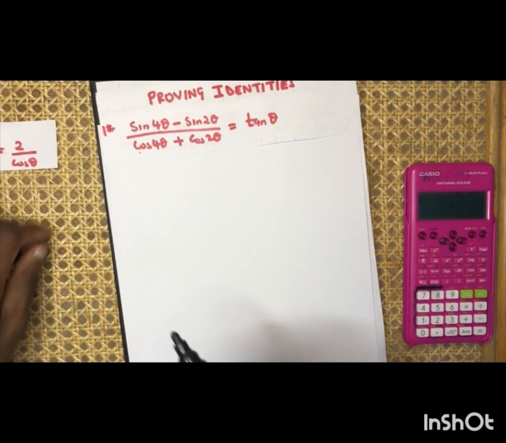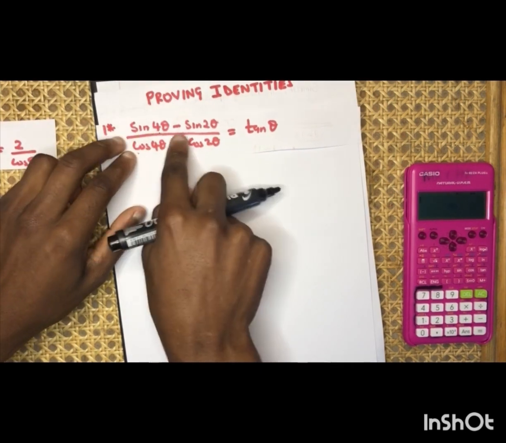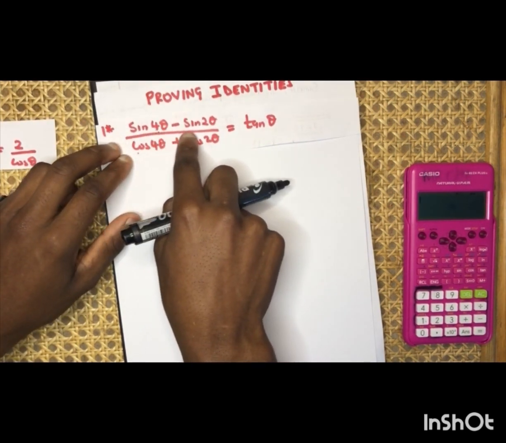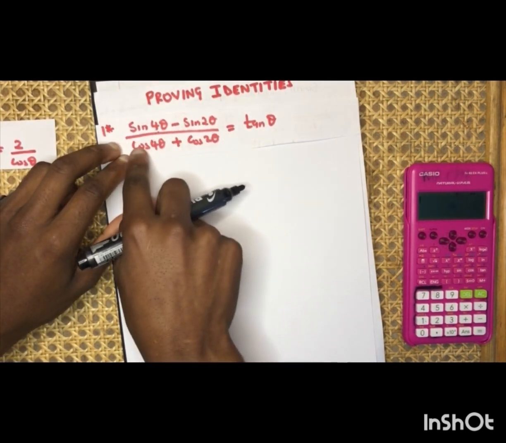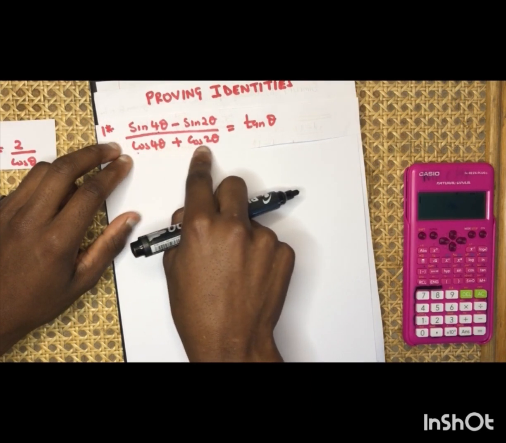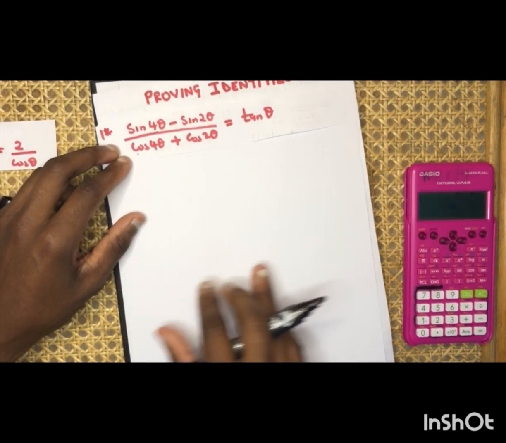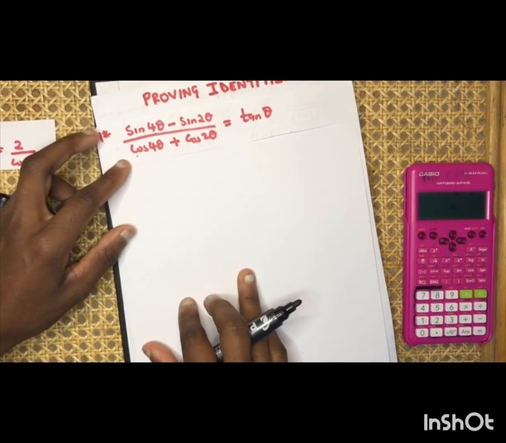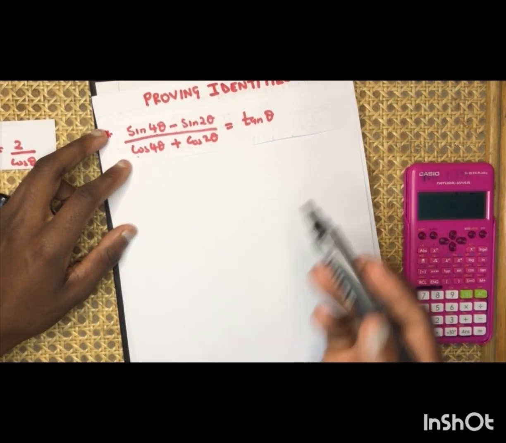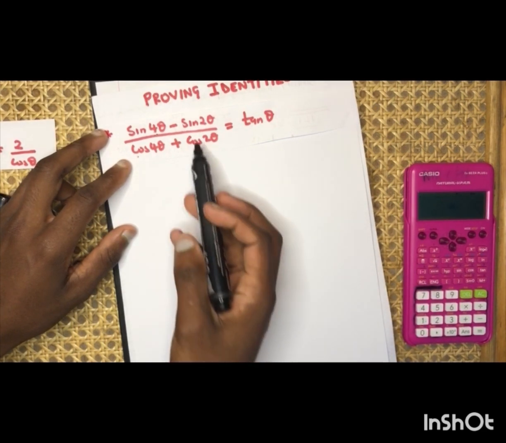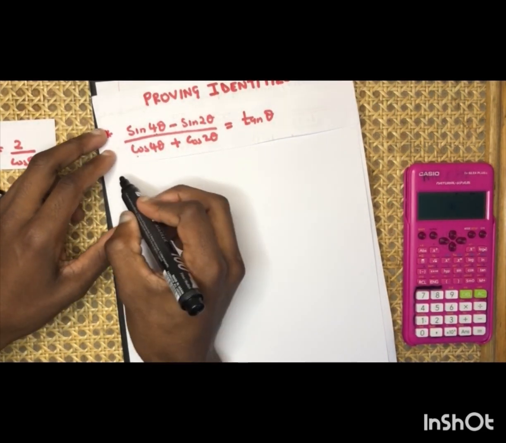So here we are given sine 4 theta minus sine 2 theta all over cos 4 theta plus cos 2 theta equals tan. So which side do you think, guys, we should take and try to make look the same as the other side? Obviously, it's the left hand side here.